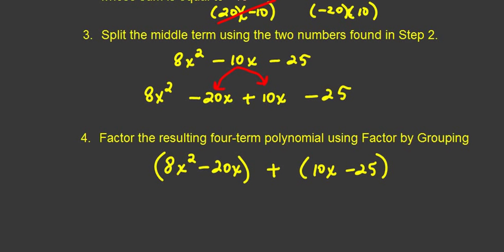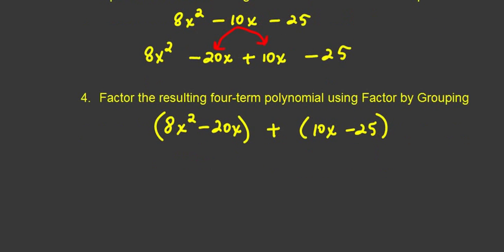So we call it factor by grouping. Then we factor each of these little groups. We factor the GCF from the first group. We can factor out a 4 and an x from that first group, which would leave us with 2x minus 5 in parentheses. And we factor out a 5 from this second group, which would leave us with 2x minus 5 in parentheses.